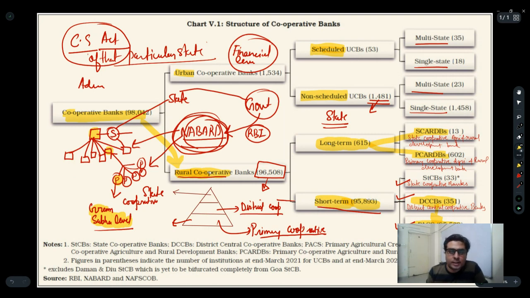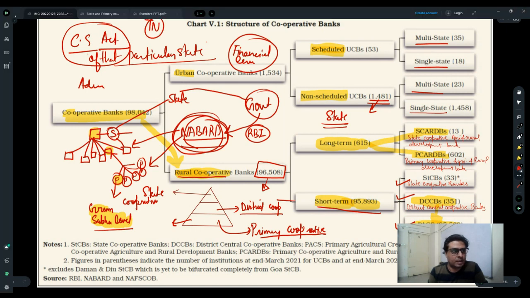And in order to explain how it works and what their primary functions are, I have taken an example of a particular state, Tamil Nadu, right? Tamil Nadu's cooperative structure in the longer run, I have taken from their website, and they have explained their functioning very well. So I'm going to show this PDF so that you can understand in a better manner.